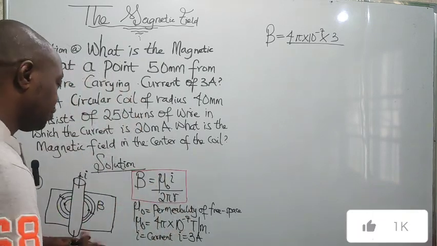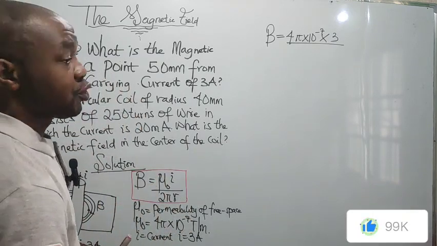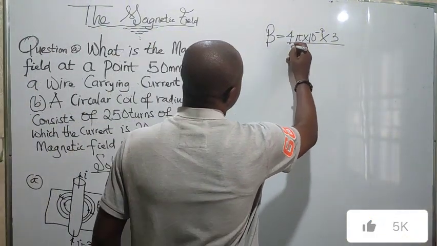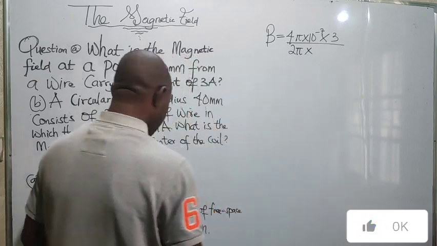Don't forget, that's the formula for the magnetic field of a straight wire carrying current. We divide it by 2 pi, then multiply by the radius.